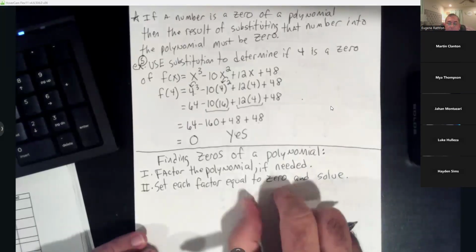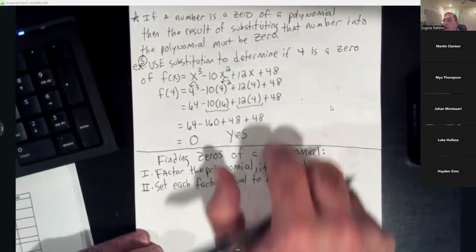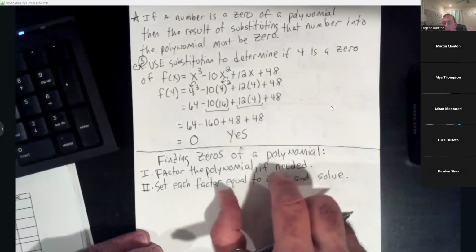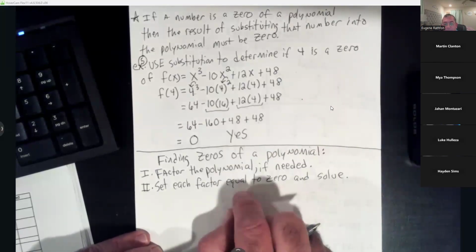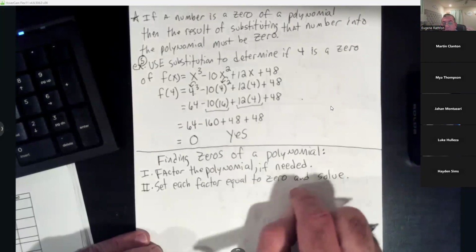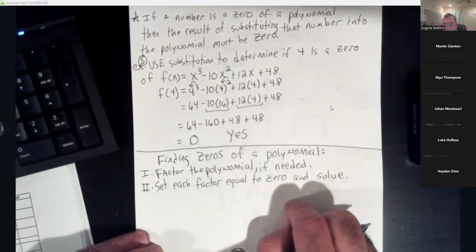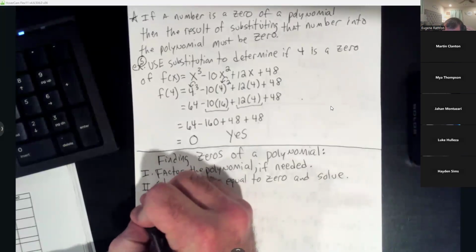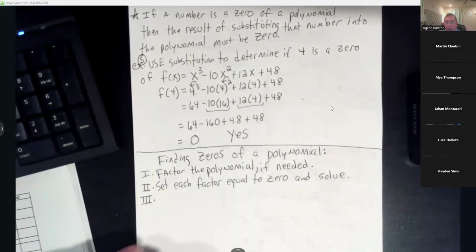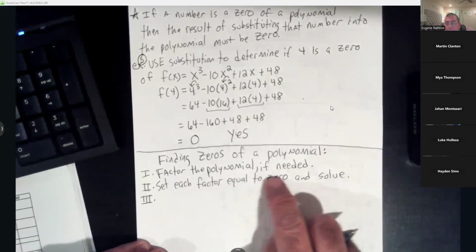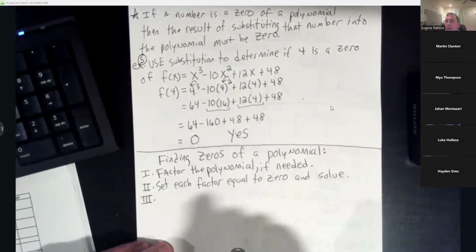So just like I did when we was solving the quadratic equations in the last chapter by factoring, once we got it factored, I set each of those factors equal to 0 and we solved it. All right, y'all, so this will give me the zeros.